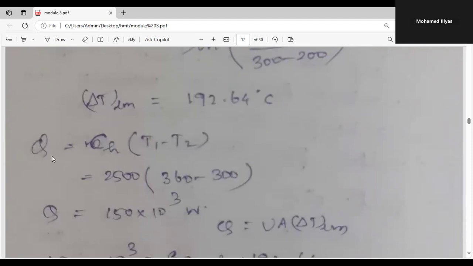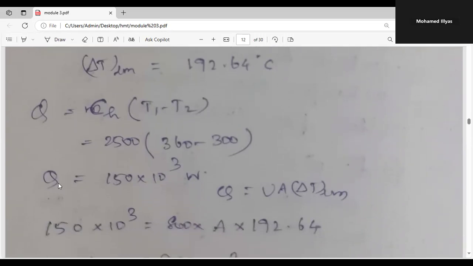And writing the heat transfer equation for the hot fluid from our energy balance equation, Q equal to capital CH into (capital T1 minus capital T2), we get the heat transfer rate as 150 into 10 power 3 watts.